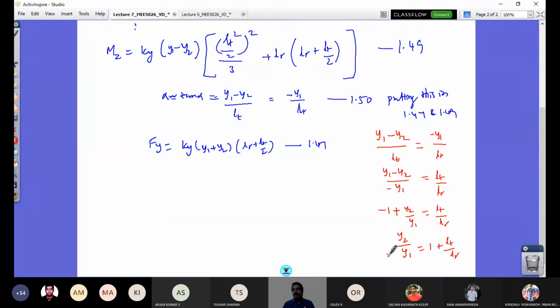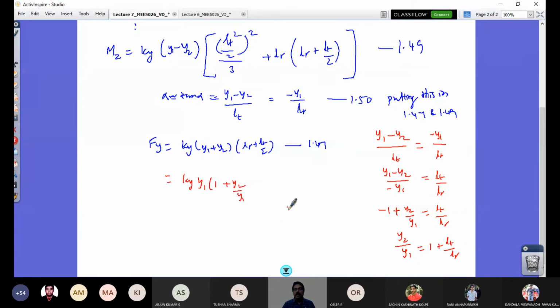So 1.47 can be rewritten like this. Let me take ky y1 out: 1 plus y2 by y1, and LR plus LT by 2.